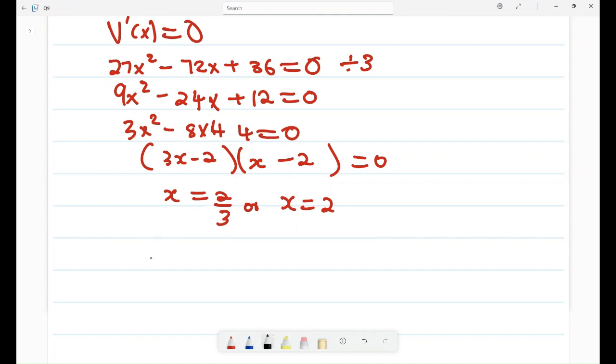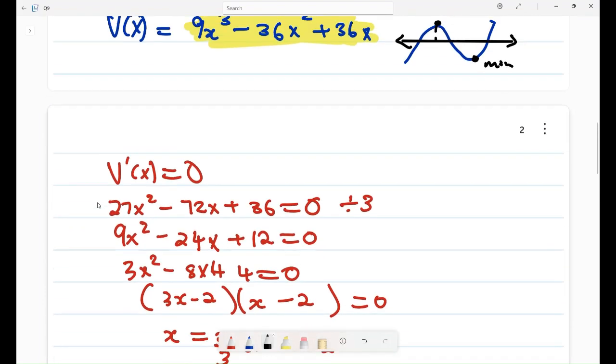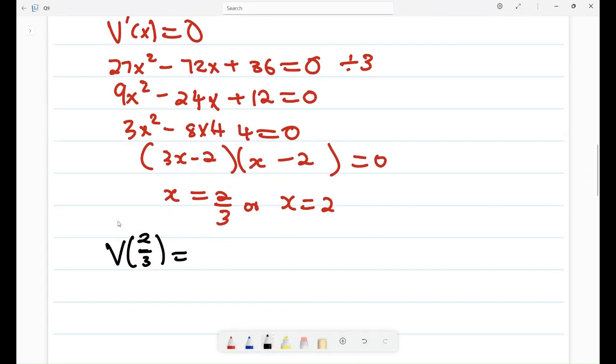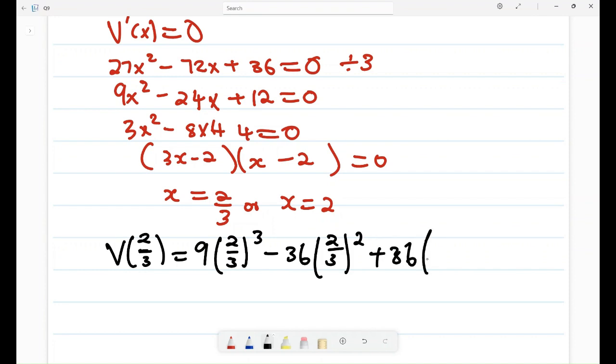Okay, so I'm going to substitute this value into the original. V of 2 divided by 3 is going to be 9 into 2/3 cubed minus 36 into 2/3 squared plus 36 into 2/3.